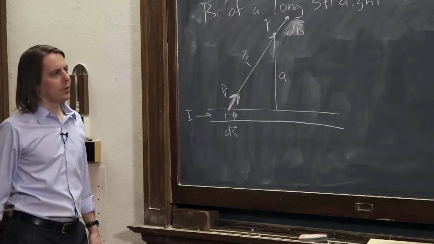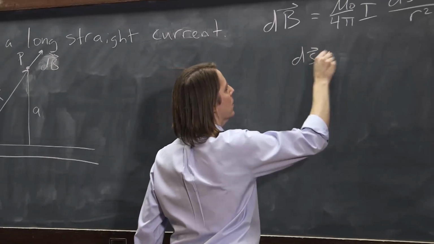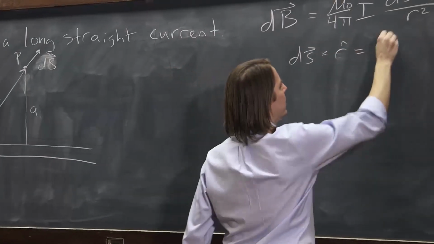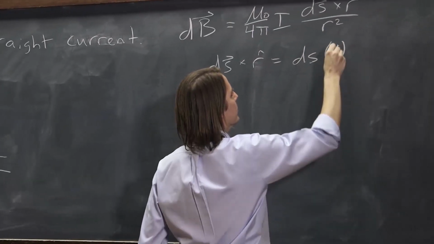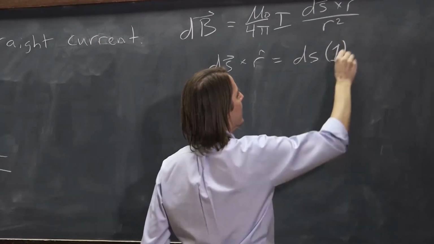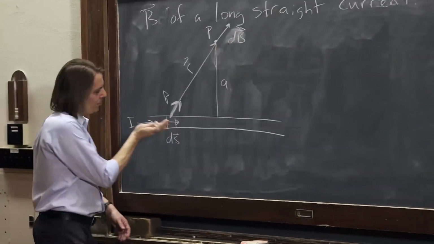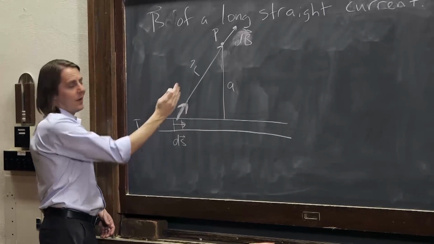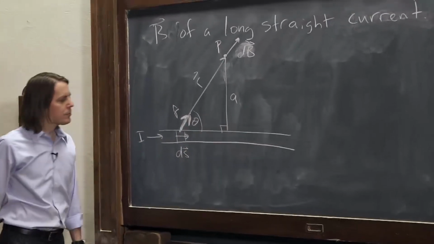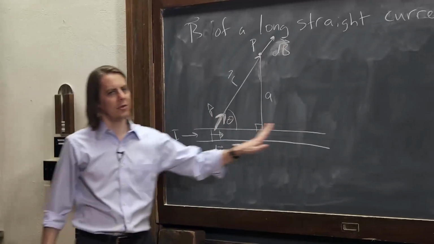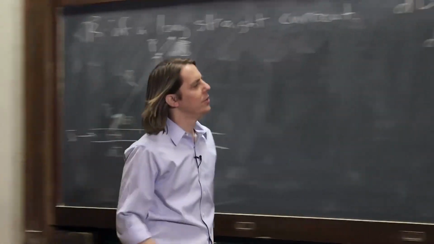So if you want that cross product, you say ds cross r hat is the magnitude of one, ds, times the magnitude of the other, which is just 1, times the sine of the angle between them. Well, the angle between ds and r hat is just going to be this angle of this right triangle. And you can see that'll be true anywhere we put ds along the wire. It's always going to make a right triangle. That angle will always be theta, so sine of theta.